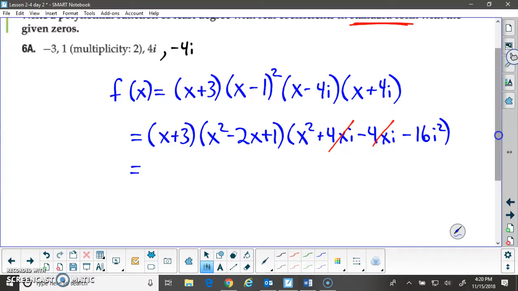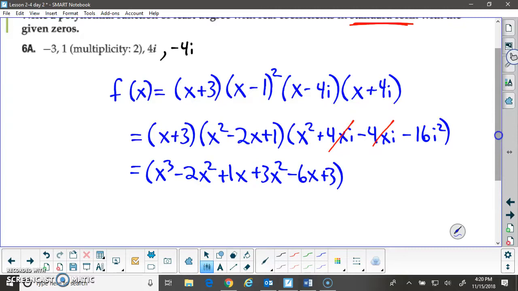And so now I'm going to take this binomial, the x plus 3, and multiply it with the trinomial, x squared minus 2x plus 1. I'm going to simplify that in just a minute by combining my like terms.